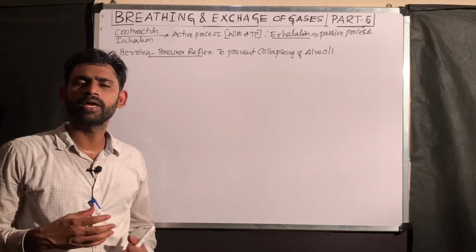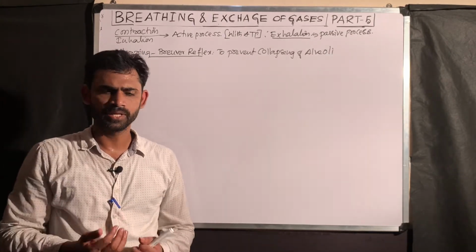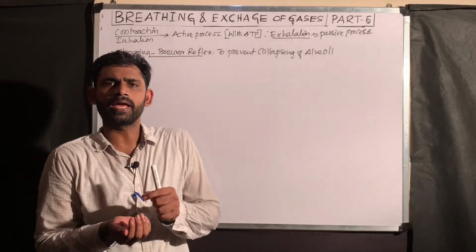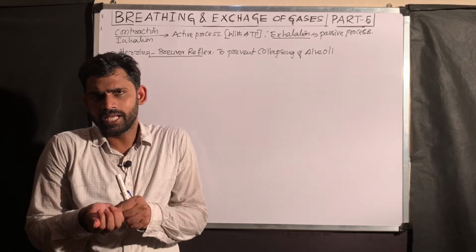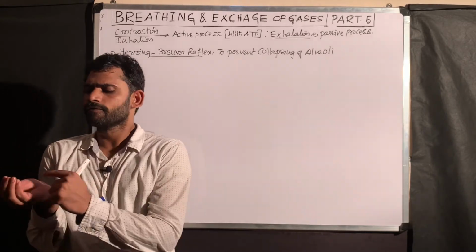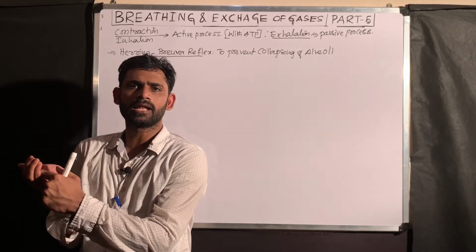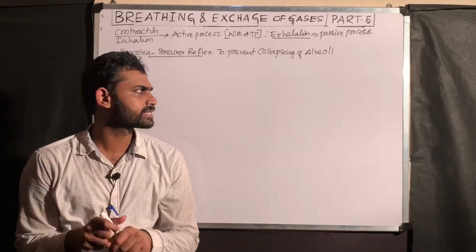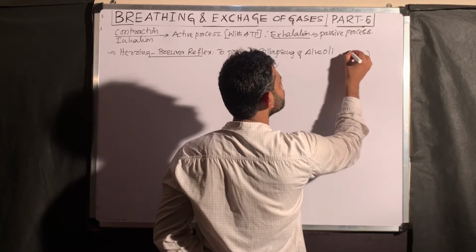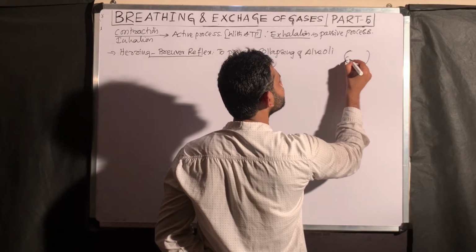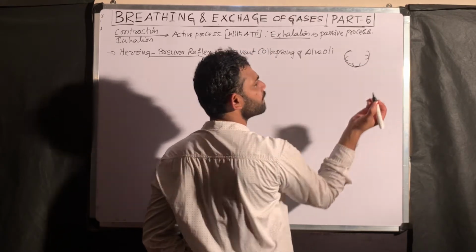What is happening when we are taking inhalation? A sufficient amount of air enters into the alveoli. The wall of the alveoli is associated with stretch receptors. Just imagine, these are the alveoli, and inside they are associated with stretch receptors.